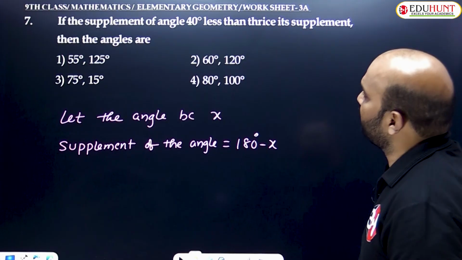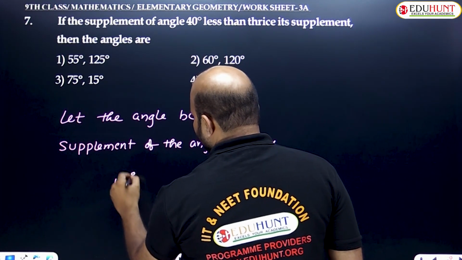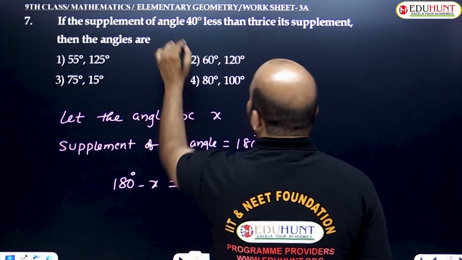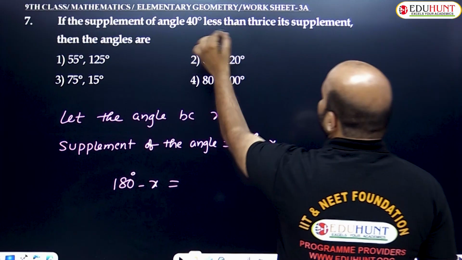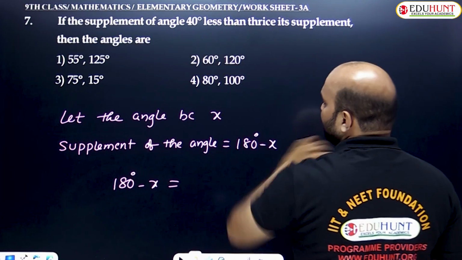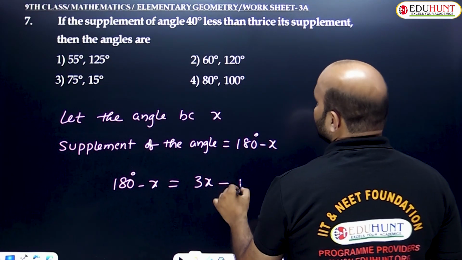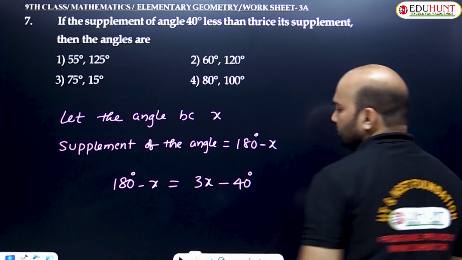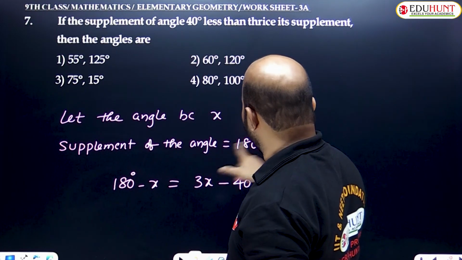So in this question, the supplement of the angle, 180 degrees minus x, is 40 less than thrice its supplement. So 40 less than thrice its supplement means 3x minus 40. Its supplement means don't take 180 minus x.